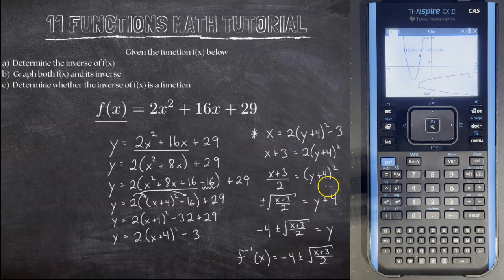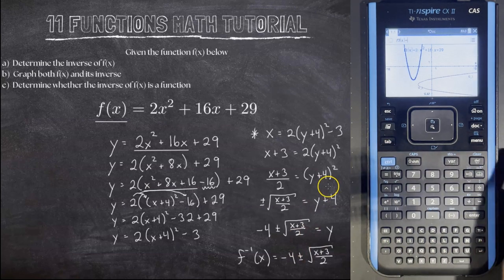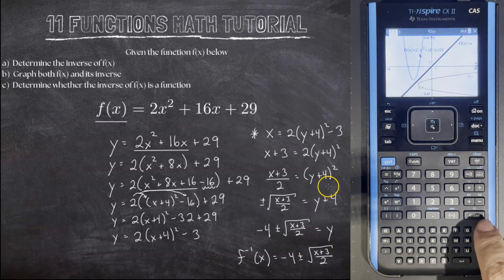Now, there's the inverse. Now, what's really cool about this is if you graph the equation y equals x, so just a straight line. Let's just look at this for a second. So I'm going to graph another function, just x. And you'll notice that your inverse is a reflection of the function along the line y equals x.